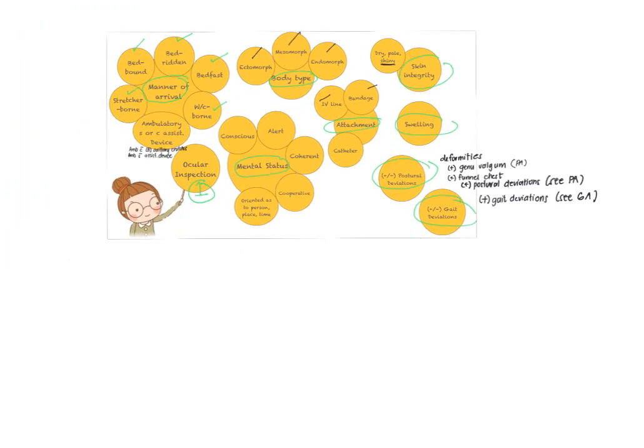Okay, for the ocular, for instance, let's write O, OI, and then you have the greater than sign, and then for manner of arrival, let's say the patient is ambulatory without assistive device.